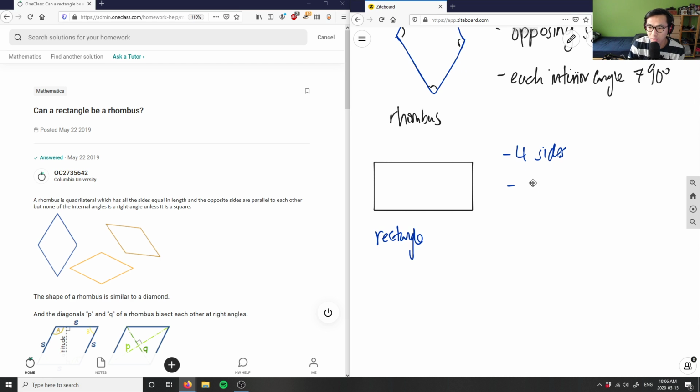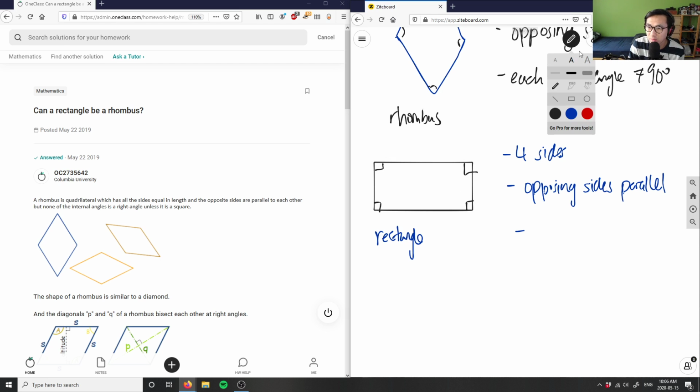So I can say here that the opposing sides are also parallel. And what about the interior angles? If I look at the interior angles here, I actually have right angles. This is 90 degrees, 90 degrees, 90 degrees, and this here is 90 degrees. So these are 90-degree interior angles. That's the difference between a rectangle and a rhombus here.